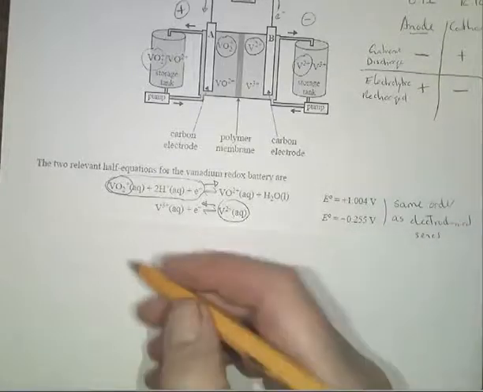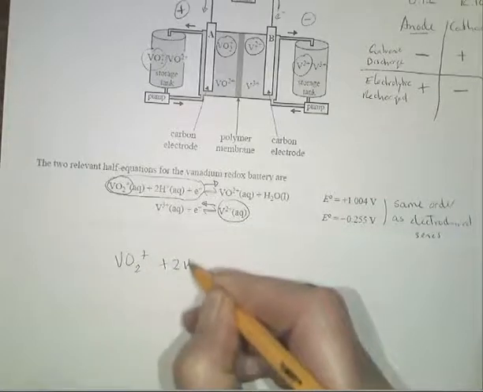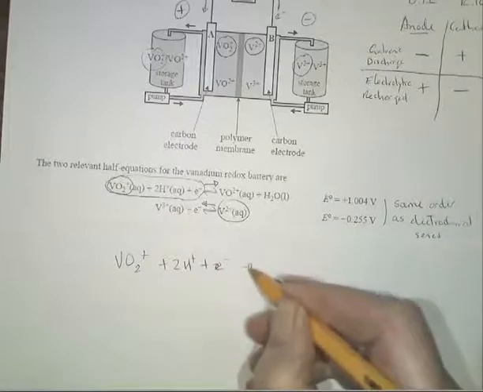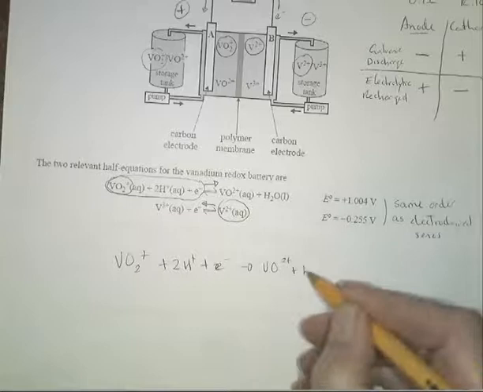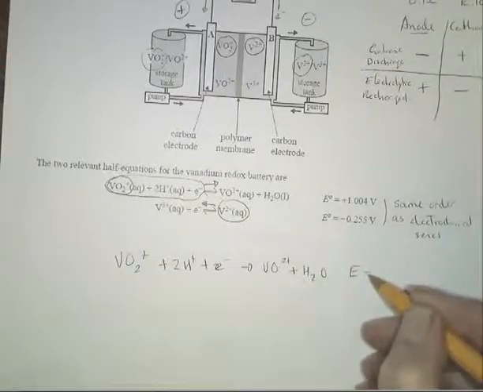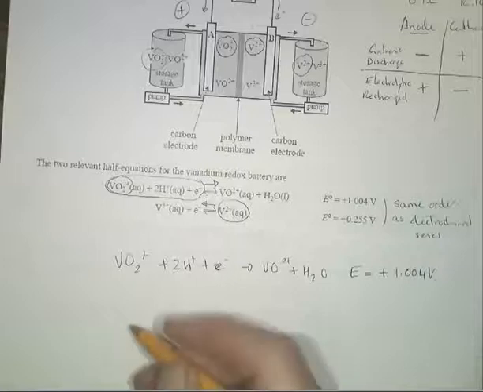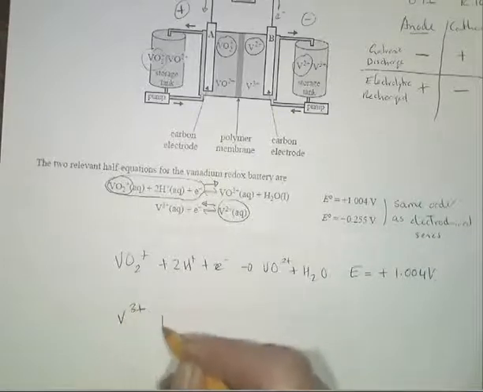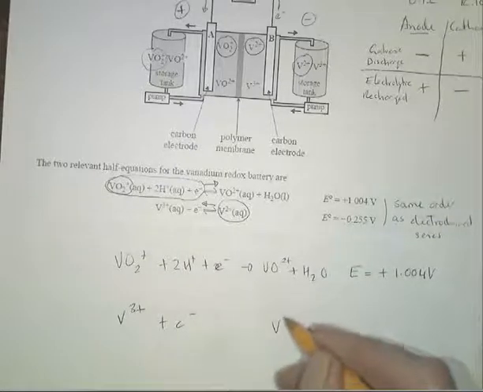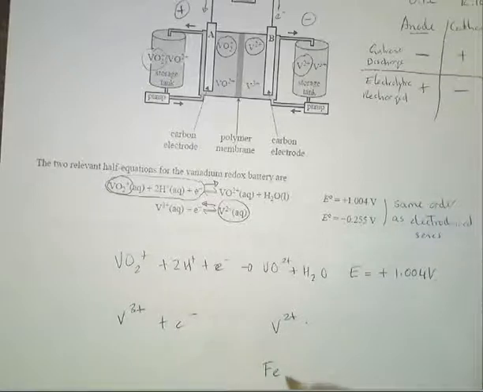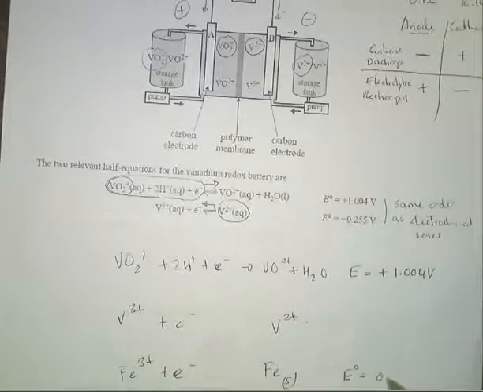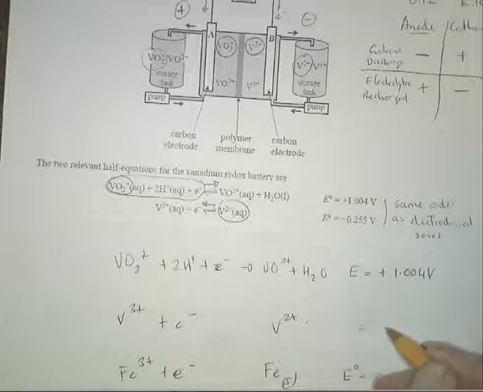So if you write them out in order, we've got this one, VO2 plus, 2 H plus, electrons, and the one that we had reacting before, V 2 plus, and now we have our iron solid, and Fe 2 plus, electrons coming out of the 0.25.